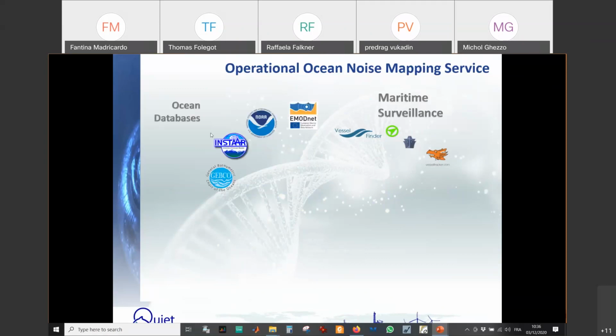Then we need to describe the ocean, the water column, and the bathymetry and the sediment types. Here we usually use open source ocean databases, or for the Soundscape project we use the bathymetry and the temperature and salinity provided by CNR.